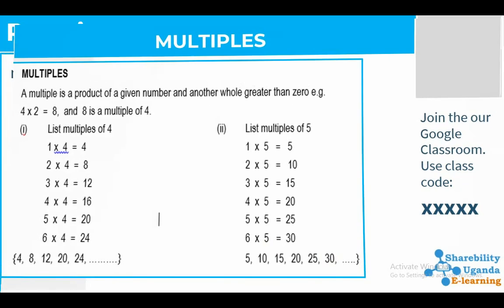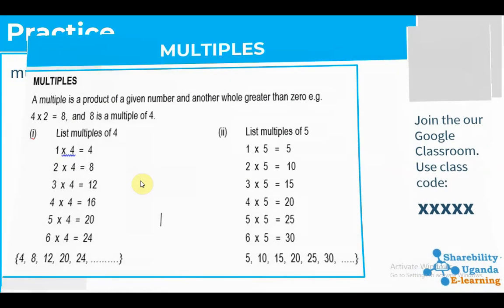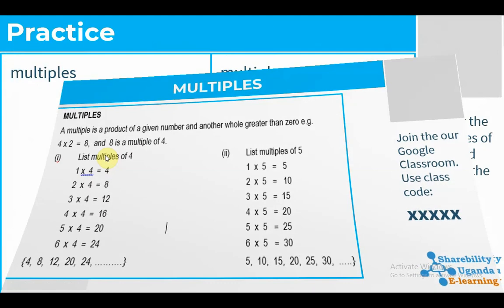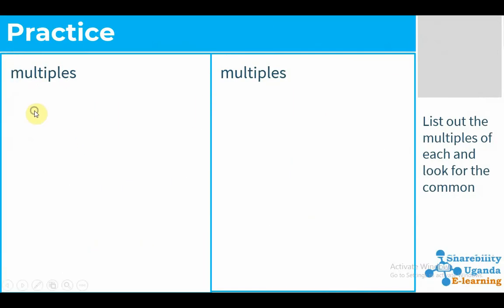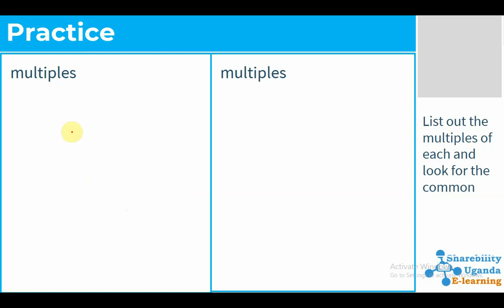So let's move ahead and see how we can get a multiple of a number. It may not only be a multiple of these numbers; they can choose any different number. So here we are going to look at some other numbers and see how we can get their multiples.